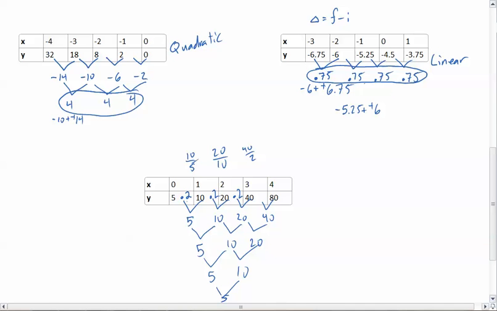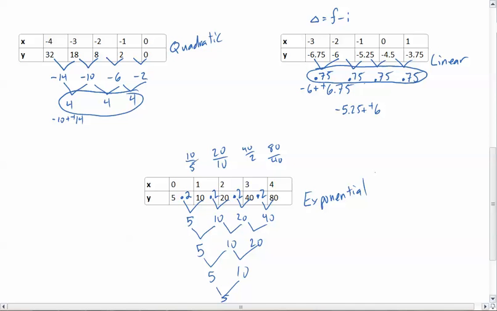You might have been able to see this already: 5 times 2 is 10, times 2 is 20, times 2 is 40, and times 2 is 80, because 80 divided by 40 was also 2. And so we have a constant ratio. Now that's times, it's not a decimal. A constant ratio means exponential.